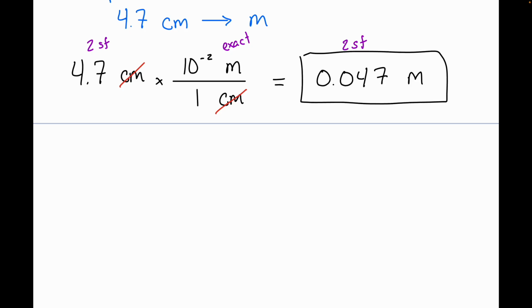Let's do 73.40 kiloliters into liters. Step 1, you're going to build that conversion factor.